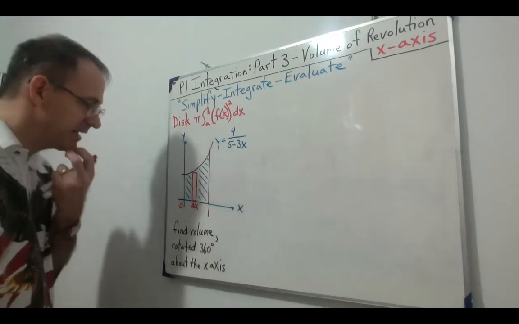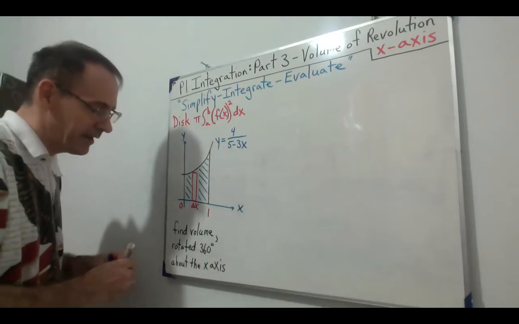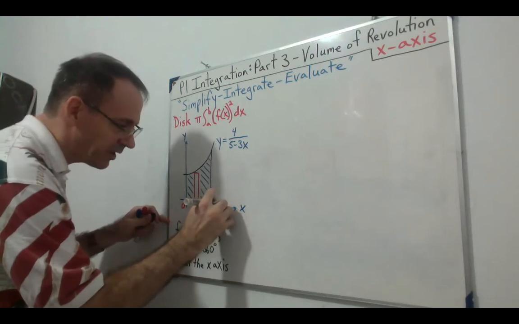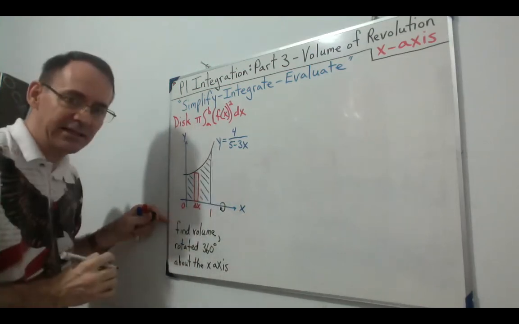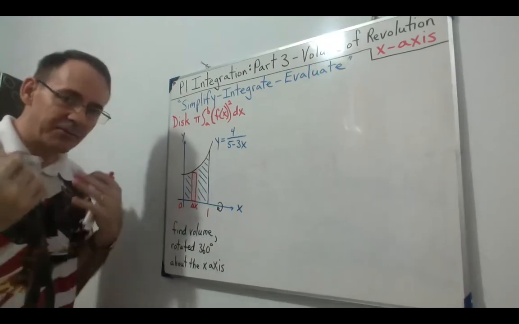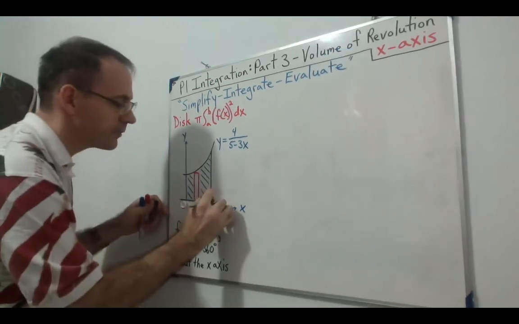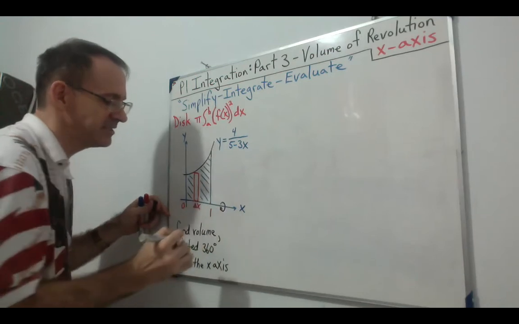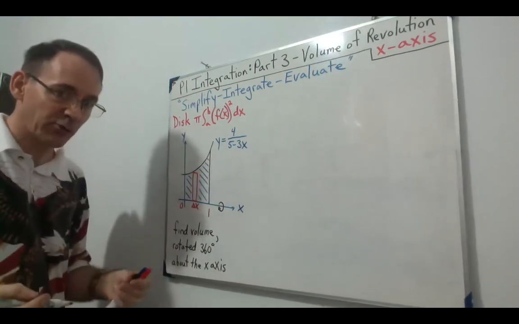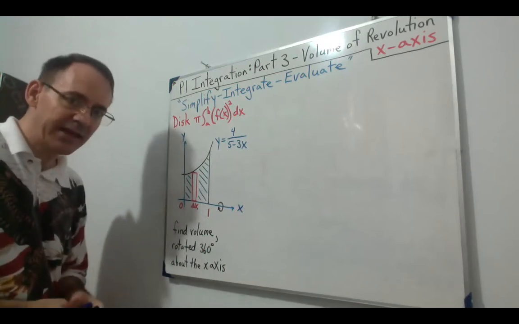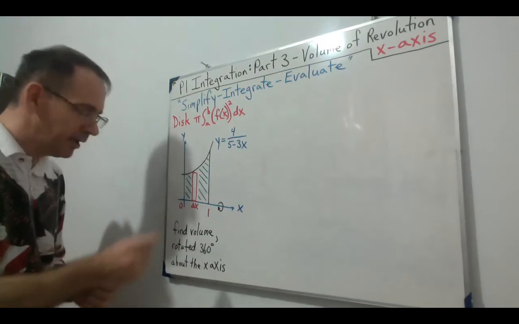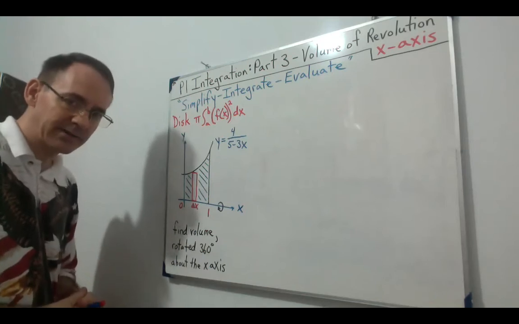So the first thing that I'm going to do is I'm going to draw myself a little rotation thing here. It's helpful to me to see which axis I'm rotating it around. Now, I've already drawn it, but the second thing I do is I draw my representative rectangle.